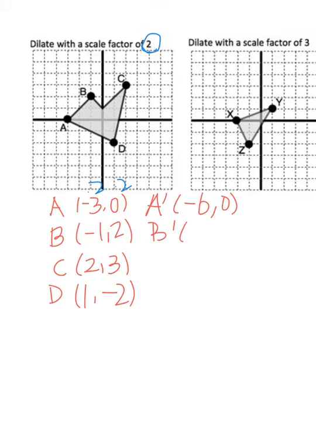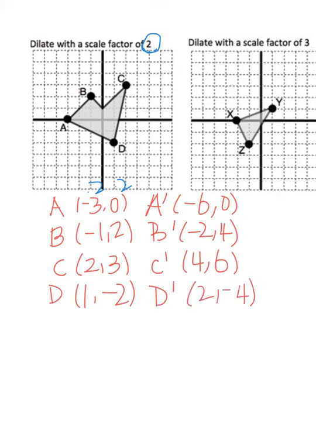B prime will be -2, 4. C prime will be 4, 6, and D prime will be 2, -4. And again, that's because we multiply 1 times 2 to get 2 as the x value, and -2 times 2 to get -4 as the y value.